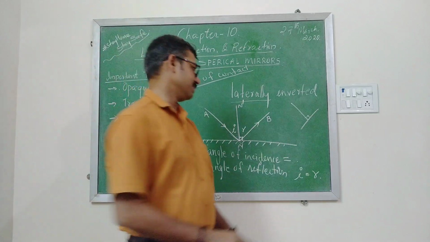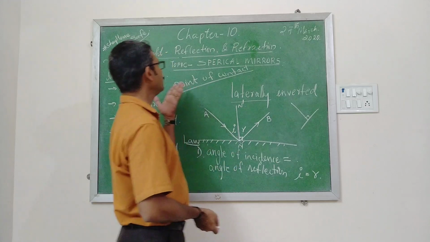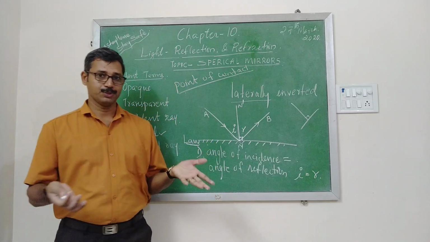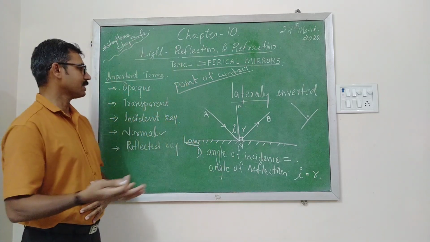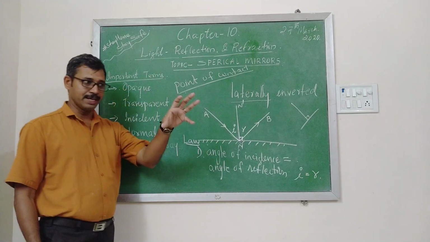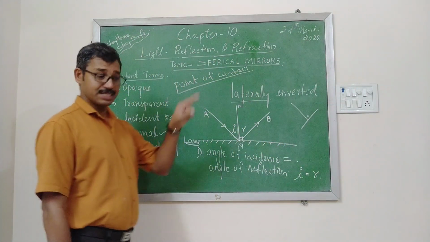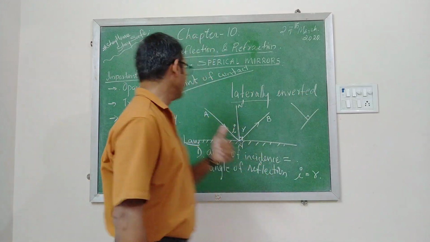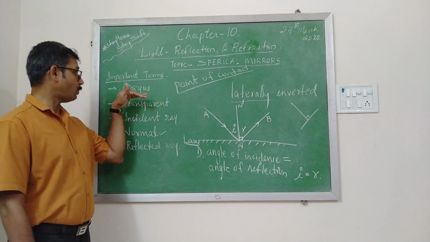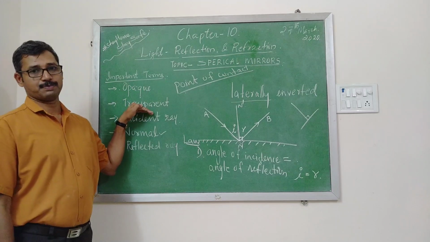Okay. Now here, this was actually about the introduction of reflection of light. I hope you understand it. One more time, first is opaque. Opaque is a medium through which the light cannot pass. Transparent, through which the light can pass. So the process of reflection is taking place in opaque medium, that is in the opaque object we can say, and the refraction is taking place in the transparent.